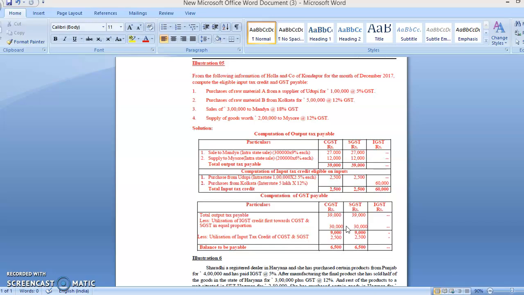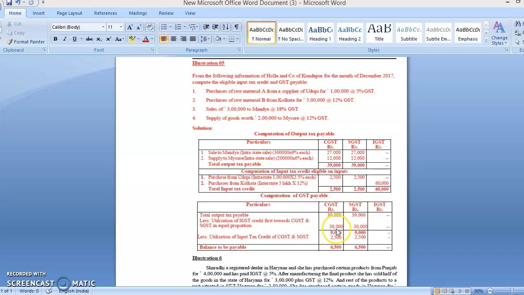But here in this case, I am utilizing this 60,000 IGST input tax credit proportionately equally to CGST and SGST. So here you can see I have taken 30,000 of IGST input tax credit to set off CGST tax and 30,000 to set off SGST tax.